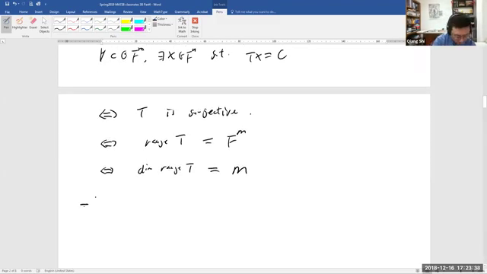However, let's consider the case if n is less than m. If n is less than m, then what?